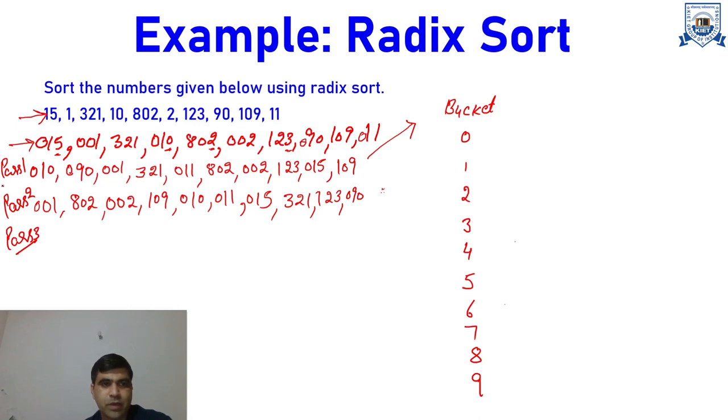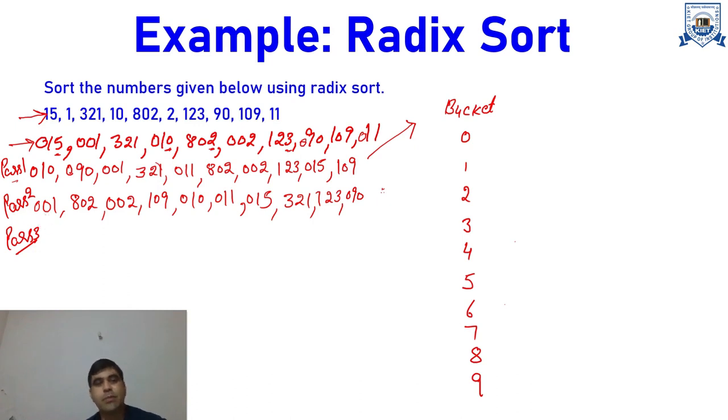In pass 1 we collected all these keys into individual buckets based on the digit in the ones place. In pass 2 we applied this sequence, and then we collected these keys into the buckets based on the digit in their tens place.